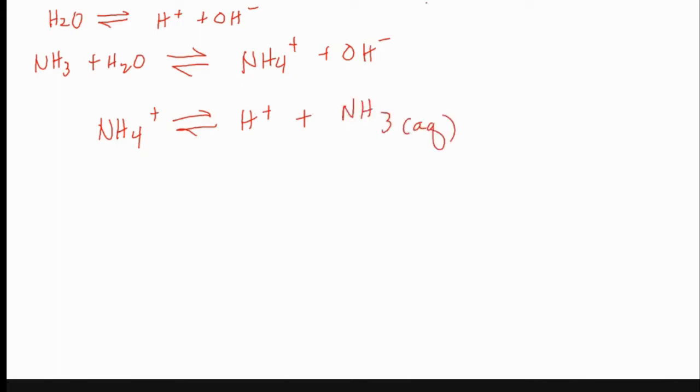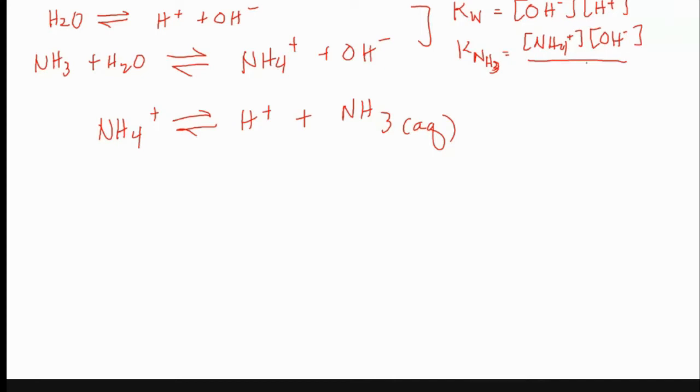Base on these two reactions, kanina nakuha natin yung KW which is your OH and H plus. And ano yung K ammonia? Guys? NH4 plus and OH negative over NH3.